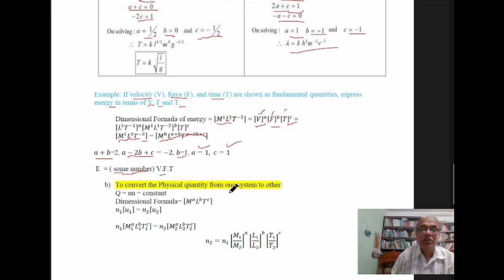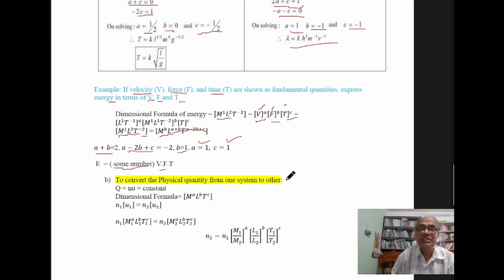Another use is to convert a physical quantity from one system to another system. We know that n is the numerical value and u is the unit, and nu is constant. So nu equal to constant. The dimension formula of any physical quantity is M to the power a, L to the power b, T to the power c. So in one system n1 u1 and in another system n2 u2. As this is constant, n1 u1 equal to n2 u2.